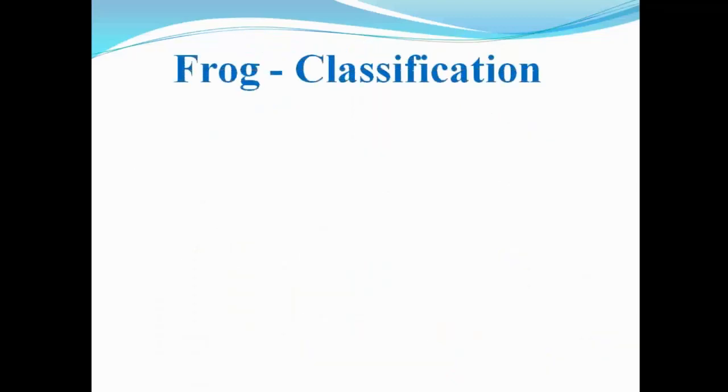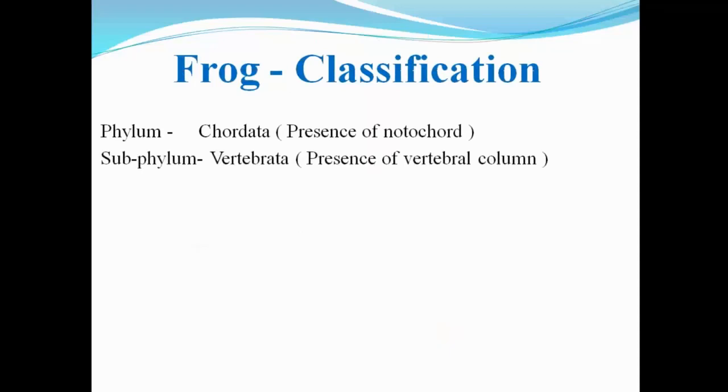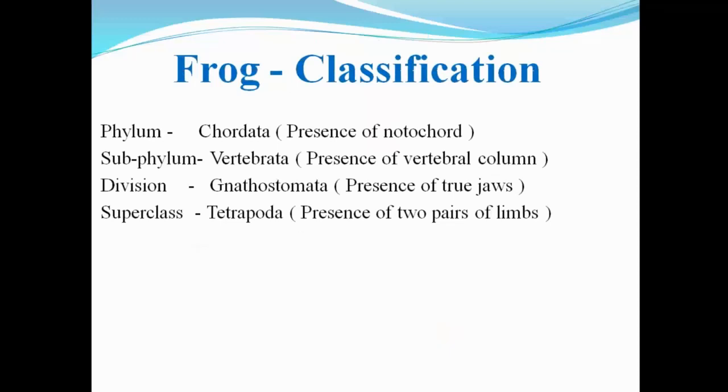Now, we see the classification of the frog, or classification of Rana tigrina. This classification is more or less applicable to all types of frog. Phylum Chordata, as it shows the presence of a notochord. Subphylum Vertebrata, as it shows the presence of a vertebral column. It falls under the division Gnathostomata, as its mouth opening is bounded by jaws. It belongs to the superclass Tetrapoda, as it develops two pairs of well-developed limbs, the forelimbs and the hind limbs.